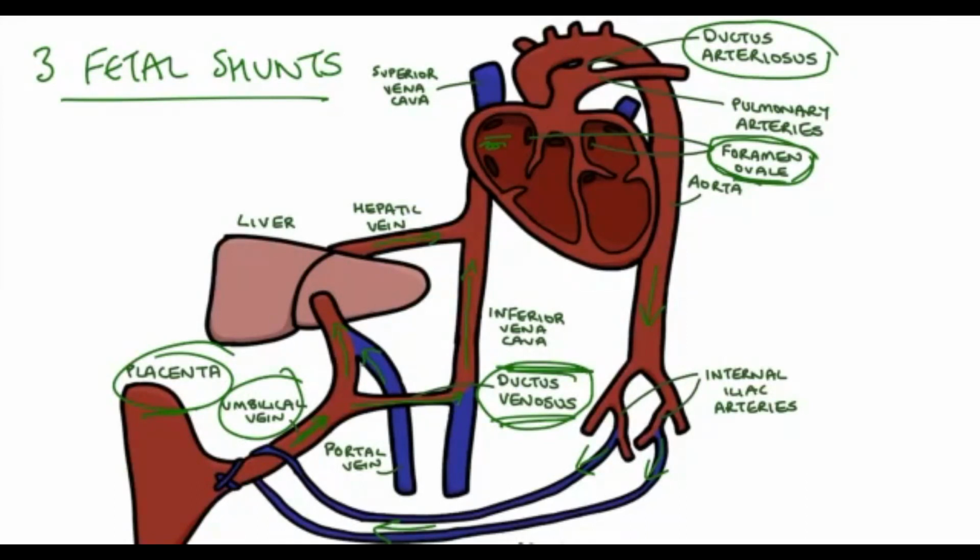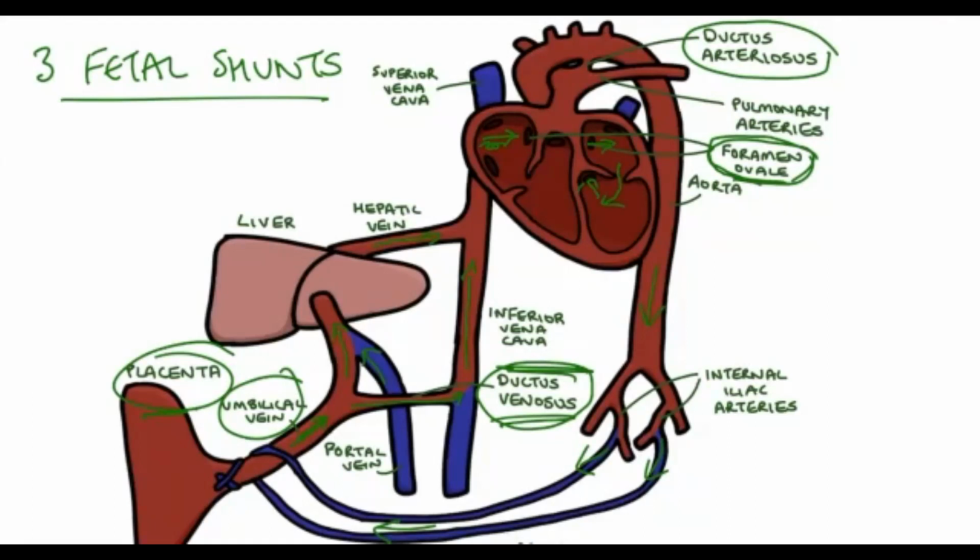So it allows blood to flow from the right atrium, bypassing the lungs, bypassing the right ventricle, straight through into the left atrium, where it can go into the left ventricle and out to the rest of the body. Okay, so the foramen ovale allows oxygenated blood to bypass the lungs.